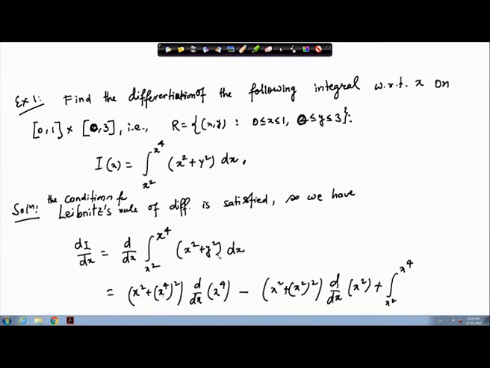plus the integral from x square to x to the power 4 of the derivative with respect to x, so it is basically the partial derivative with respect to x of x square plus y square dy.